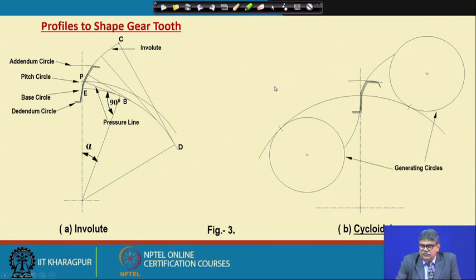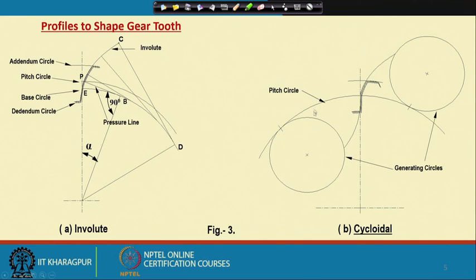In case of a cycloidal tooth, these two circles are generating circles, as I described in the earlier slide. That will give us this type of profile, which to the naked eye may look like an involute profile, but there will be obvious differences also.